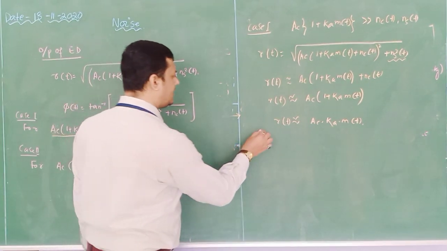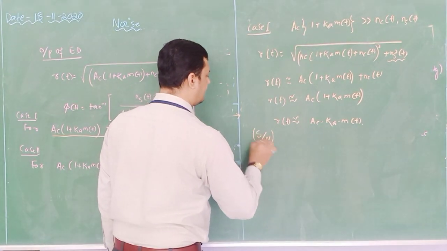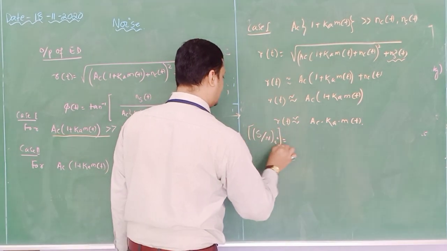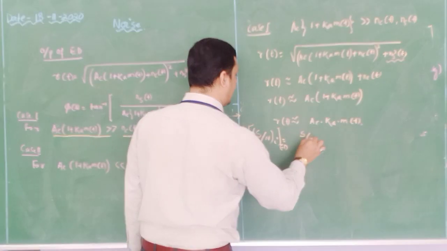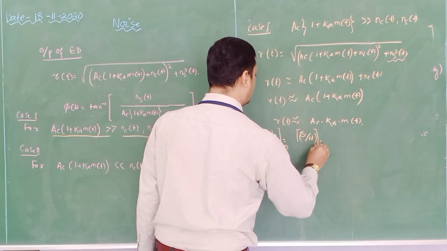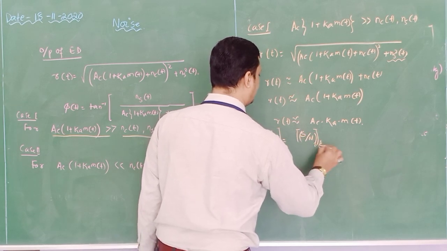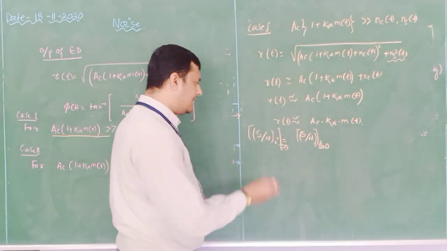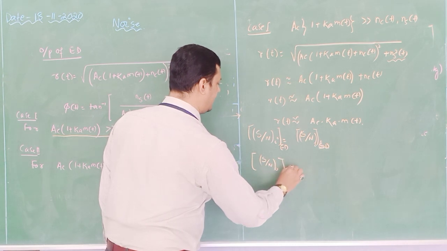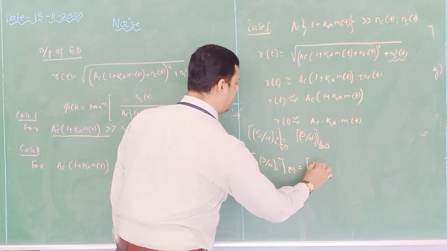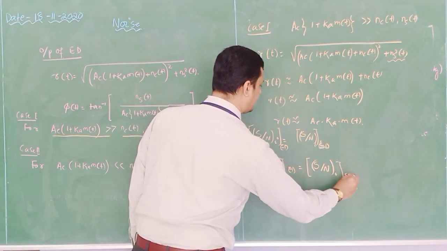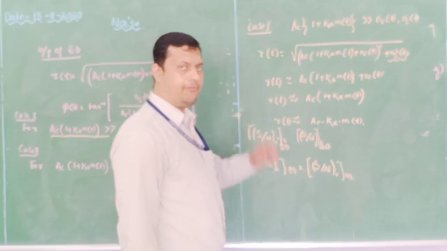So here I will write: input SNR of envelope detection is the same as input SNR of synchronous detection. Similarly, the output SNR of envelope detection is the same as the signal to noise ratio at the output of synchronous detection, because the scale factor matters.